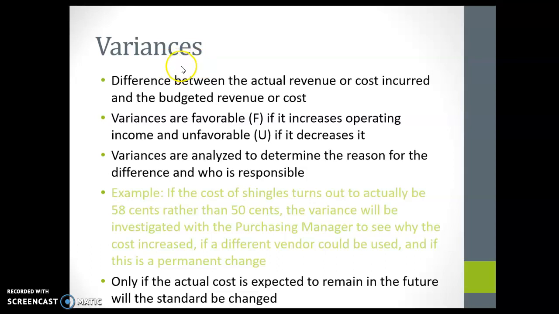Variances means the differences. This is the difference between the actual revenue, actual sales that we had, compared to the budgeted sales that we thought we were going to have. The difference between the actual cost that we spent for materials, labor, or overhead, selling and administrative expenses, whatever it is, the difference between what we actually had and what we had budgeted.